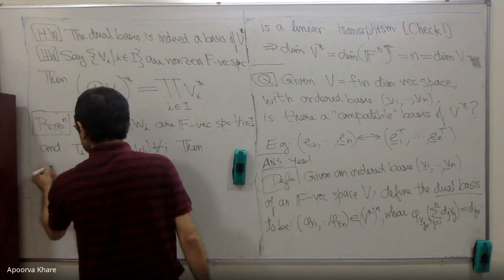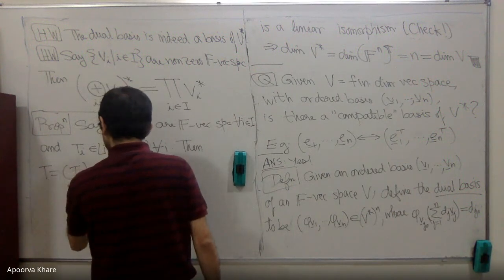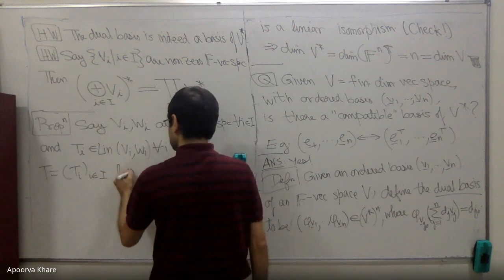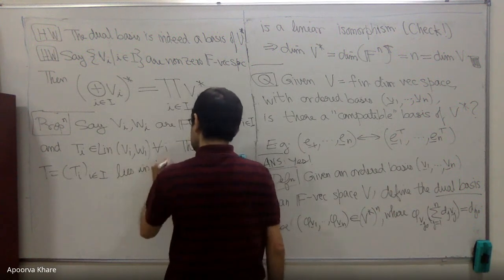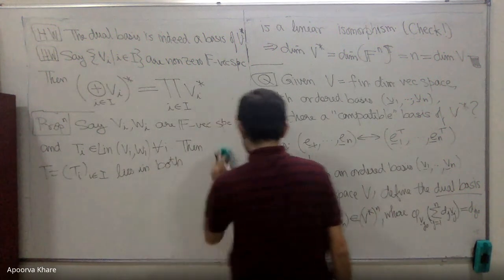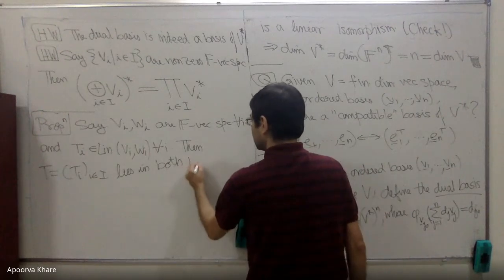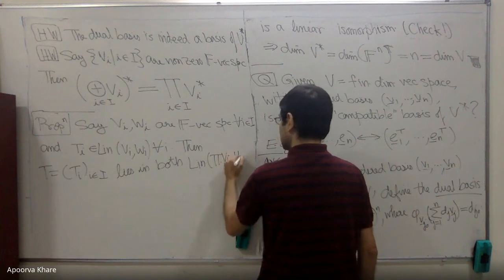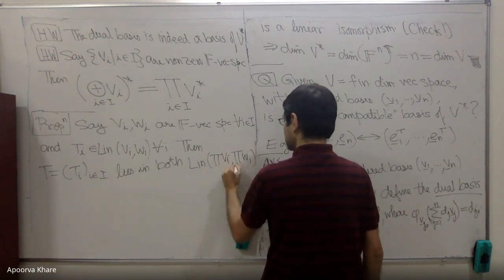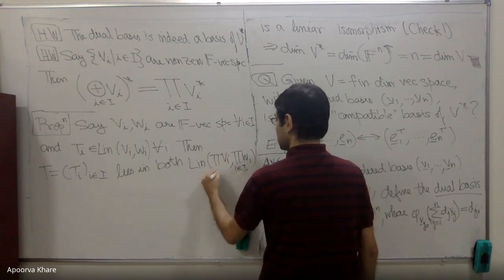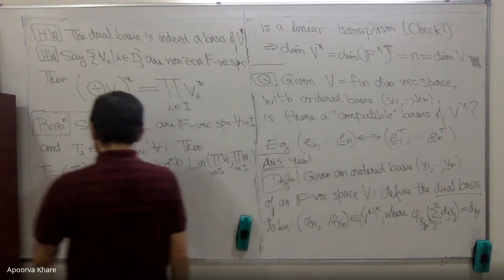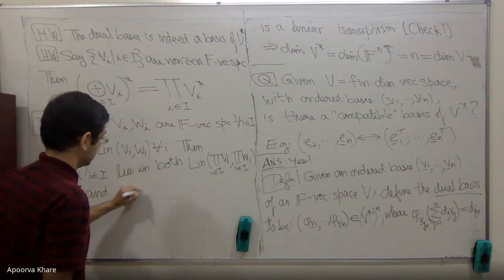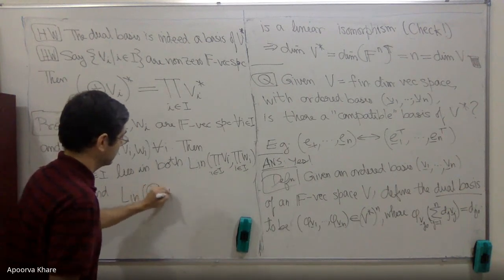Then the map T equals the product of the Ti lies in lin of the product Vi to the product Wi, as well as the direct sum.